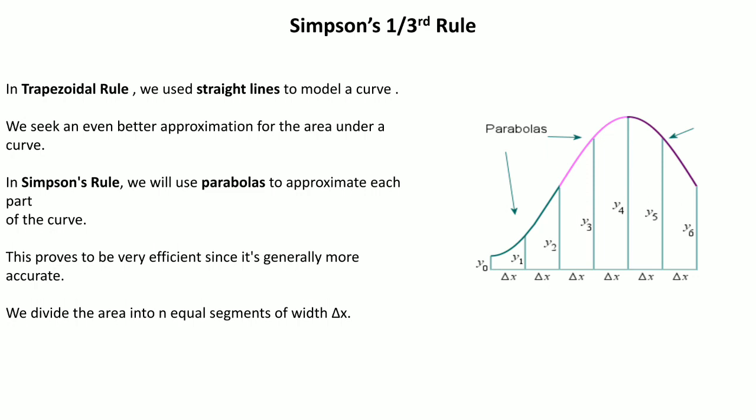To model a curve in Simpson's rule we are using parabolas. In the trapezoidal rule we are finding the area of the trapezoid. In Simpson's rule we are finding the area below the parabola. Like this you can see the curve is divided into different parabolas and we are finding the area below these parabolas.